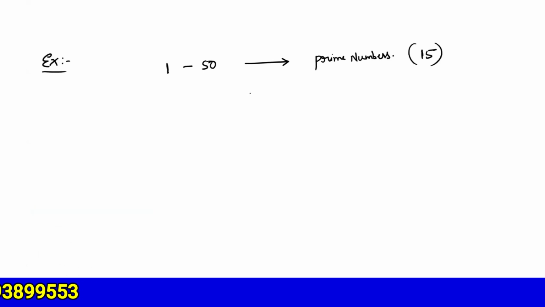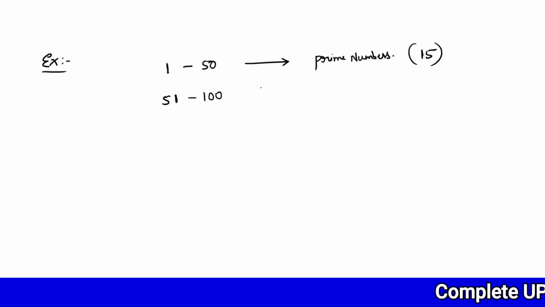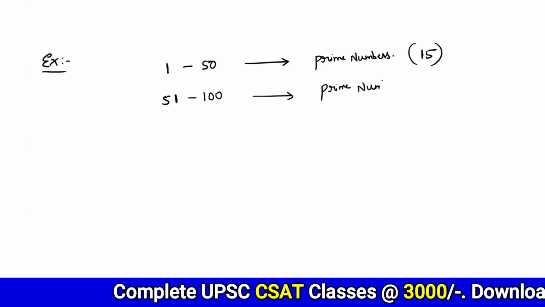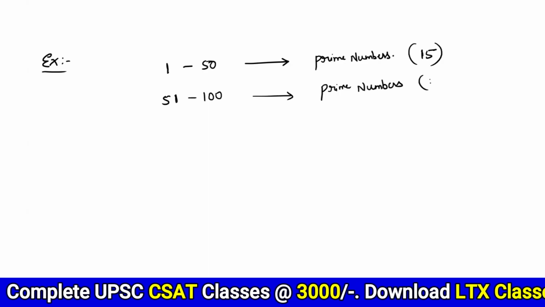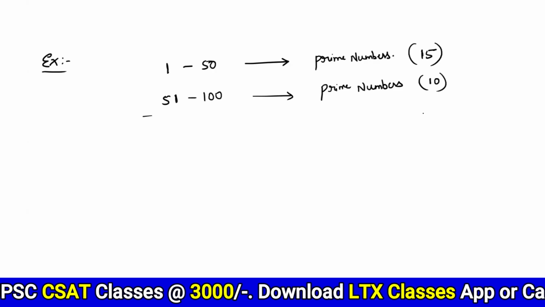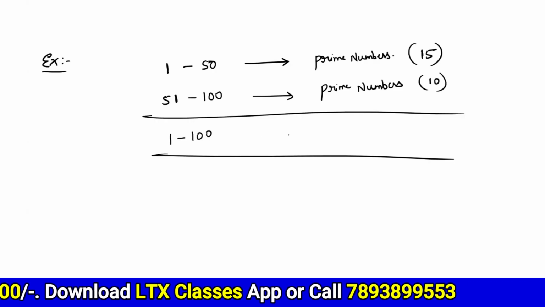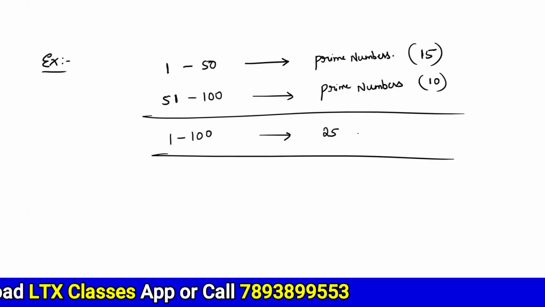Excellent. Okay. Next, from 51 to 100, how many prime numbers are there? 10. Yes. So from 51 to 100, there are 10 prime numbers. So from 1 to 100, we will have 25 prime numbers.